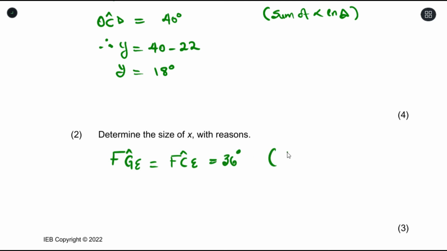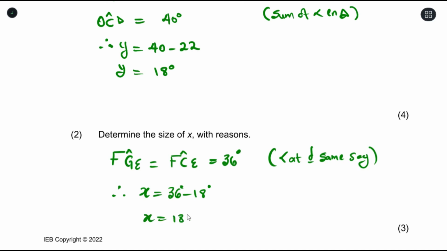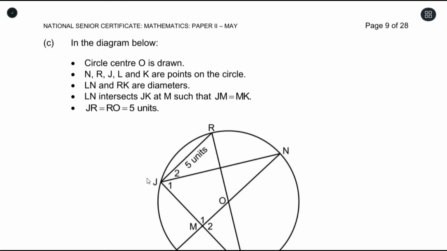And the reason for that is angles at the same segment. Okay, so it will mean that, therefore, angle x will just be 36 minus 18 degrees, which is 18 degrees. And that's it. So moving on to the next question.